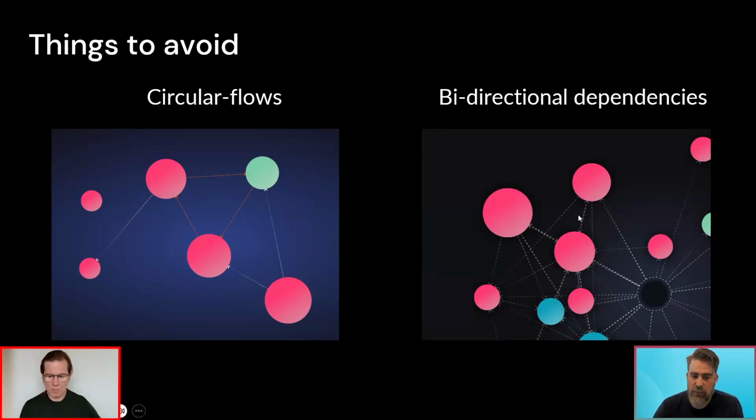Bidirectional dependencies, you see that in about 100% of the applications that we tackle. Services in an application just calling each other. If service A calls service B, most of the time, even in the same flow, service B will call back to service A. This is impossible to scale up. So another thing to avoid.